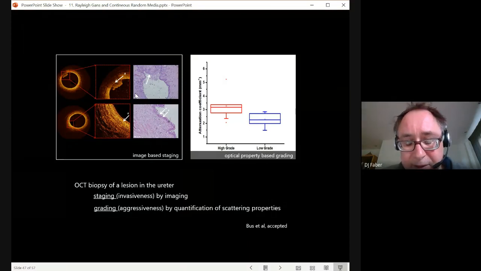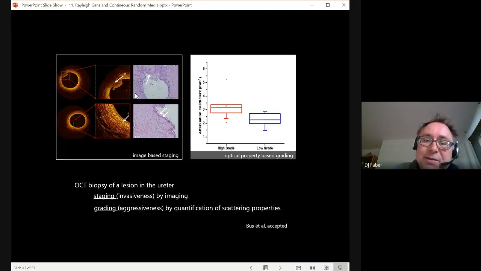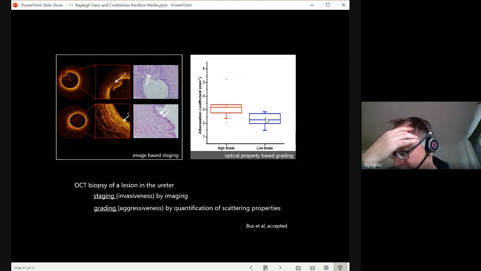So, back to the grade and to the attenuation coefficient. So an interesting question is why is this happening? Why does a higher grade, a higher aggressiveness of the tumor, have a higher attenuation coefficient, and a lower grade have a lower attenuation coefficient? We've measured this not only at these urethral tumors, but also at other tissue types.